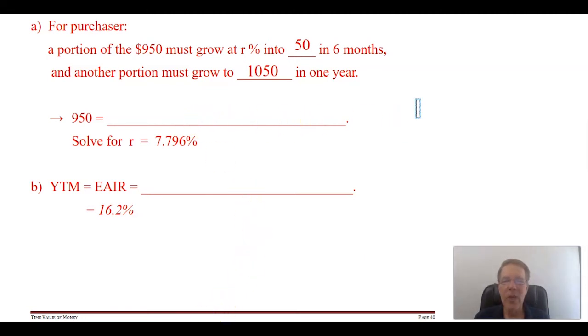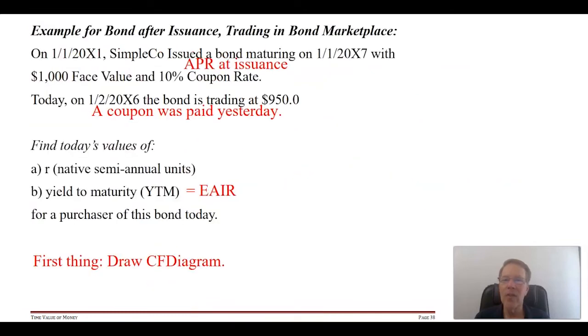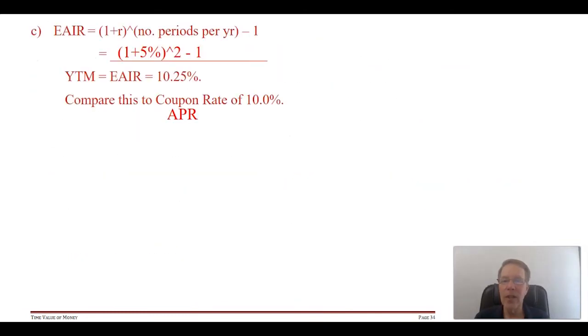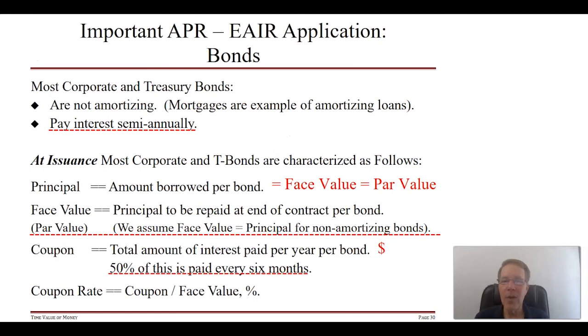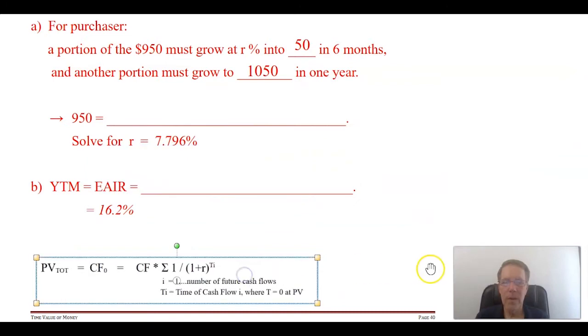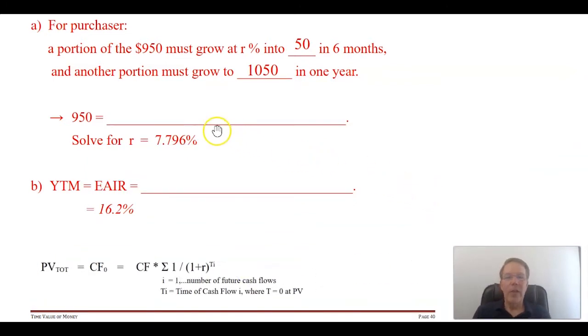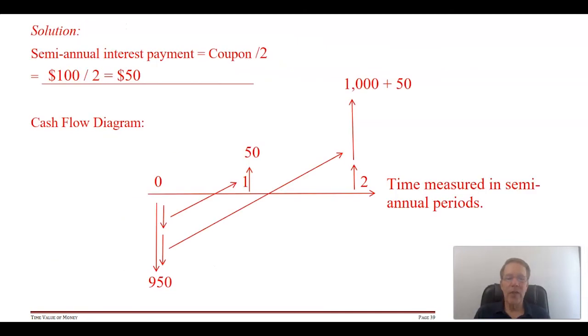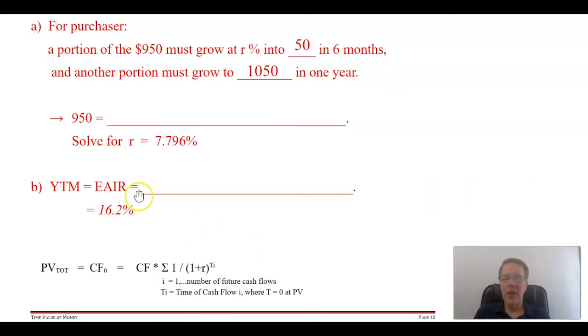All right, so let's see if we can write an equation to figure this out. The way that we're going to do this is use our fundamental discounting formula, which is all the way back here somewhere. Here it is. That's the equation we're going to need to use, and we just apply it to the situation in this cash flow diagram.